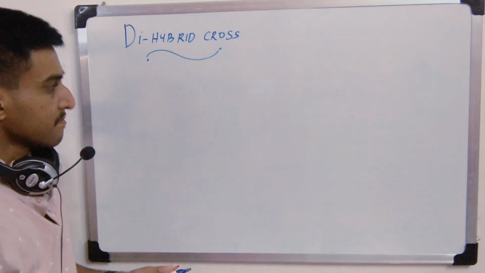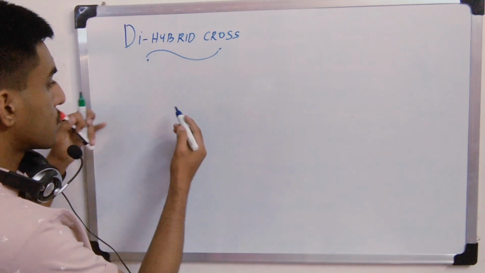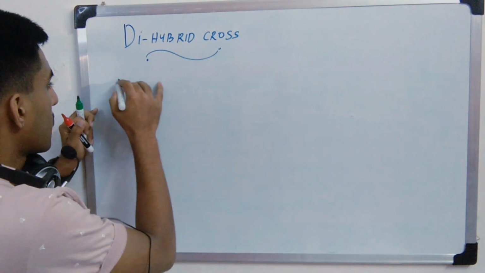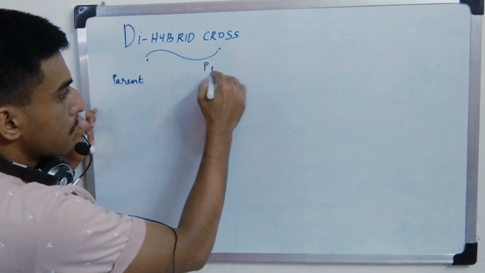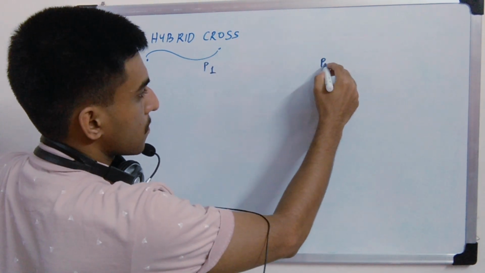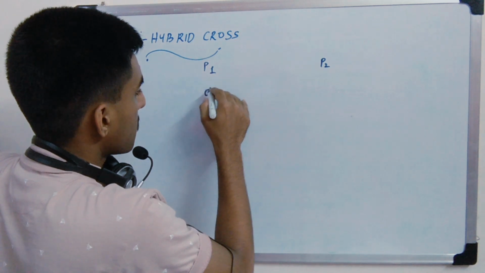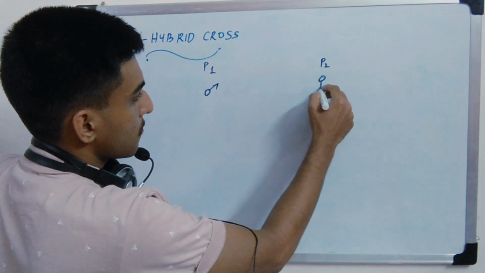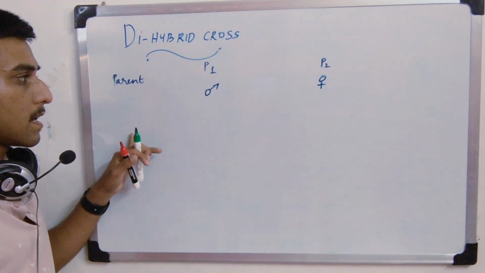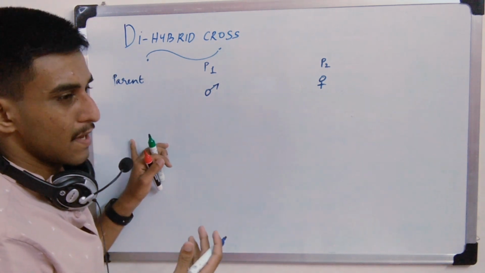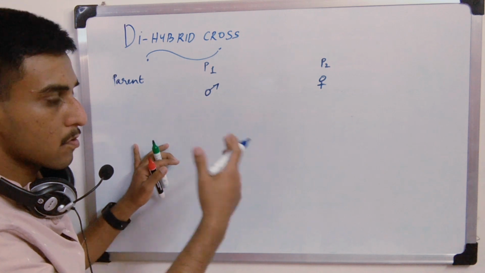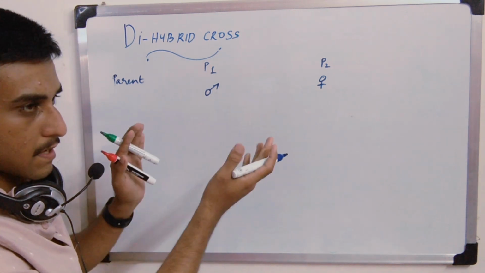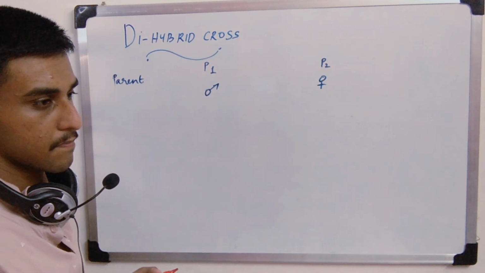So I'm going to do the cross. So the parent generation, parent P1, P2. Let P1 be male and P2 be female. Actually in Mendel's cross there is no need to write male as parent 1 or female as parent 2, because even if we do it vice versa, the result will be the same.